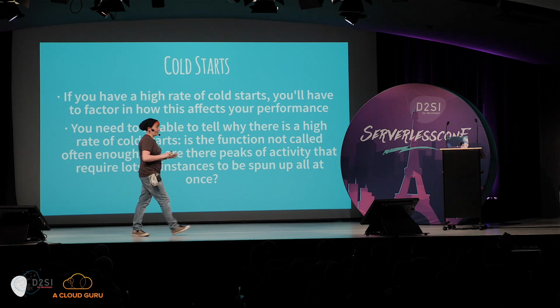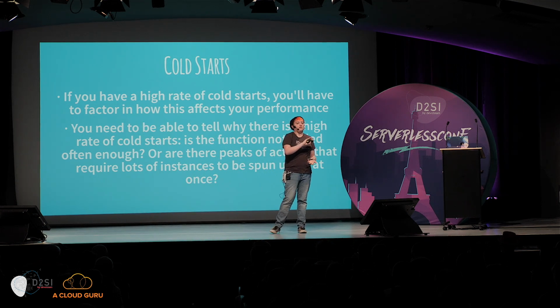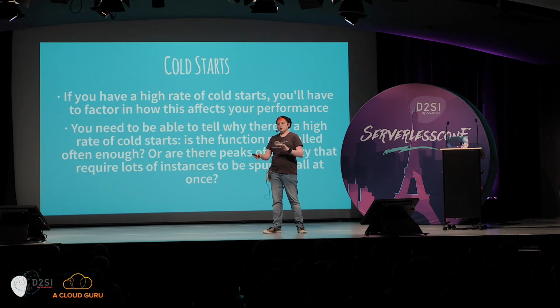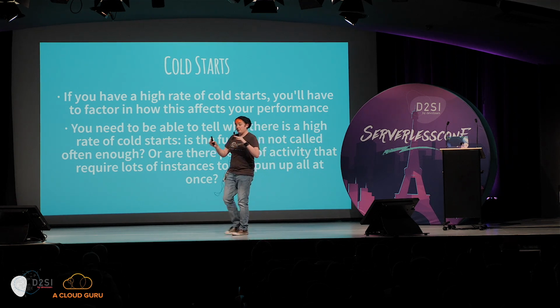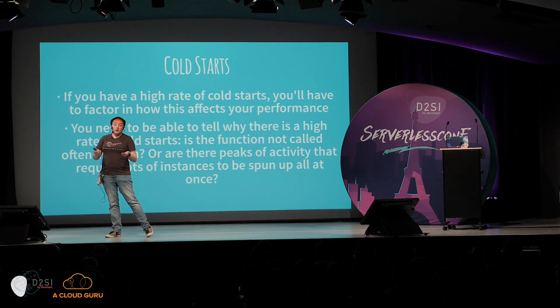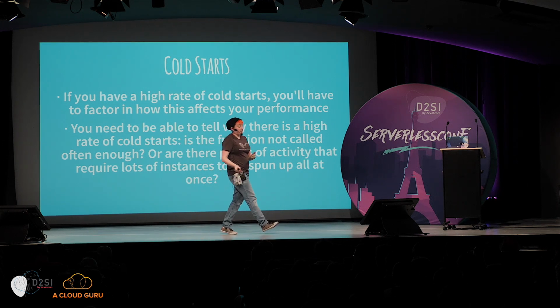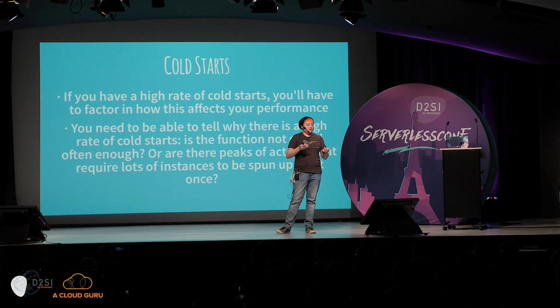Cold starts are definitely a new serverless metric. This is the idea of having to spin up a new instance or spin up a new container, or however your provider handles spinning up the environment for your function. And if you have a high rate of cold starts, that will affect your overall performance, because you have to take that extra overhead depending on the provider. And you need to be able to tell why there's a high rate of cold starts.